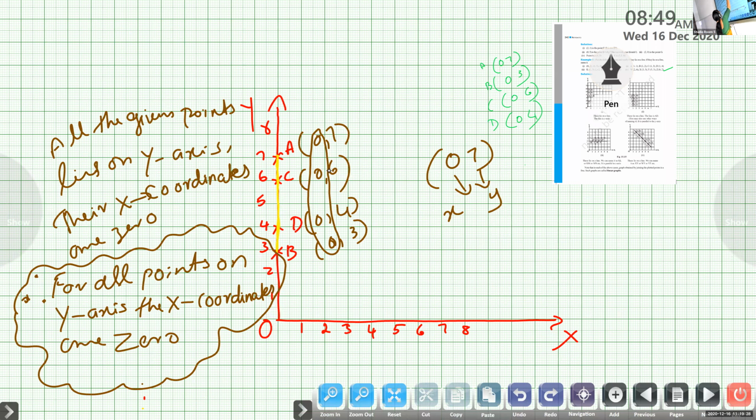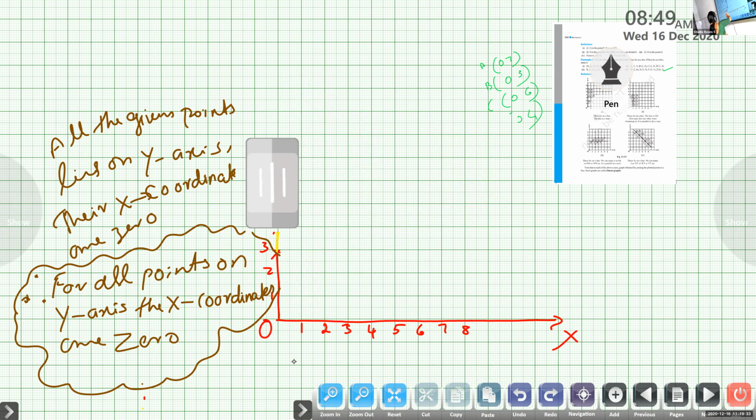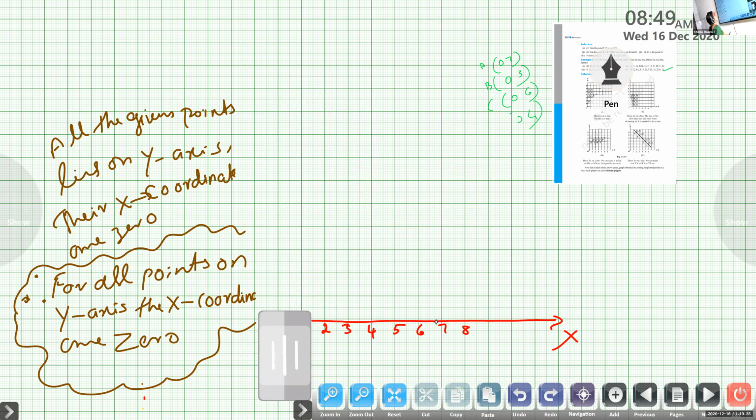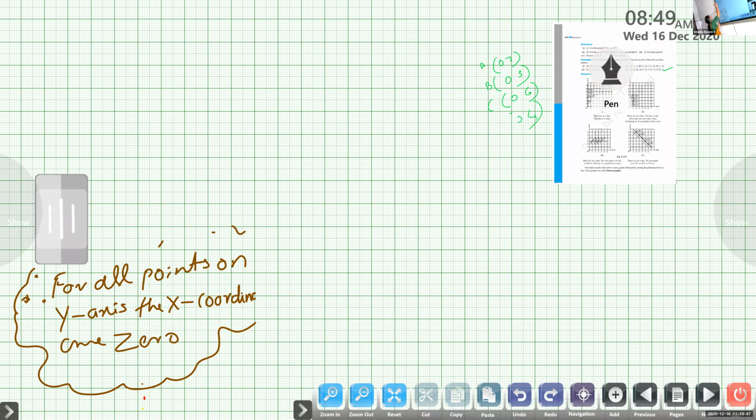Now, on the same graph paper, on the same side, you can do one more problem. Plot the following points: P is 5, 0; Q is 1, 0; R is 4, 0; S is 3.5, 0.